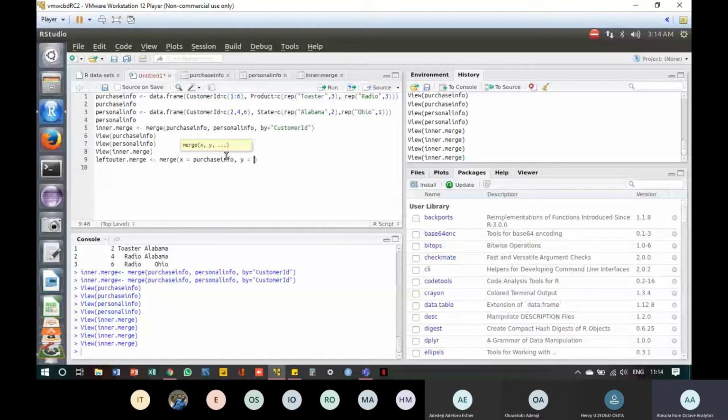R doesn't work with spaces, so whether or not I put spaces, the code will still run. Then you are merging on customer ID.